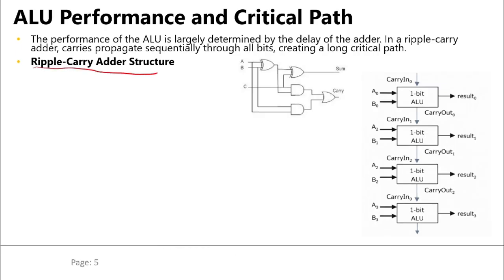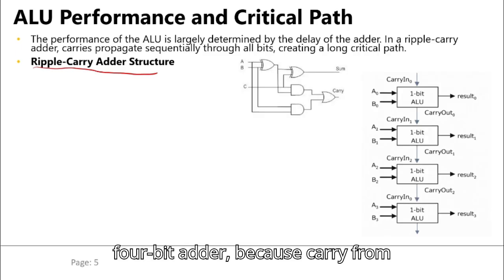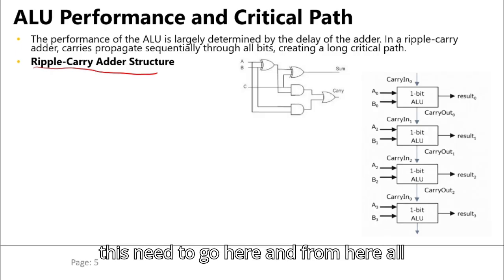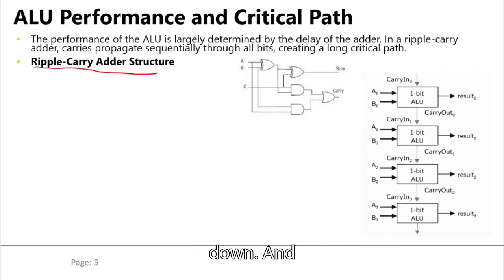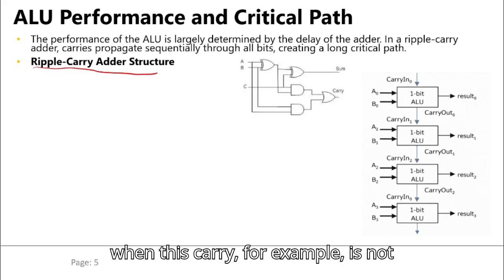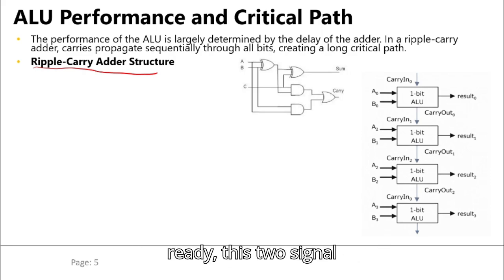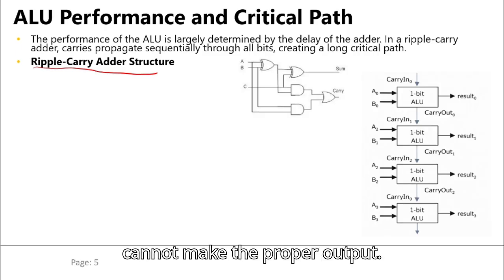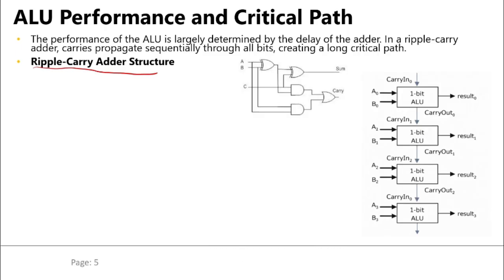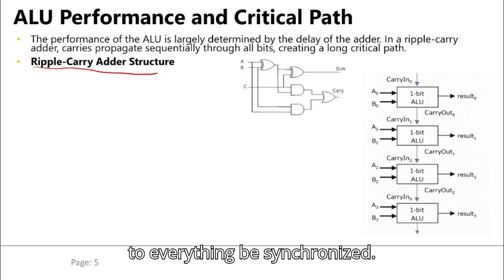If you use four full adders to make a 4-bit adder, the carry from this one needs to go here and from here all the way down. When this carry is not ready, these two signals cannot make the proper output. So it is so important for everything to be synchronized.